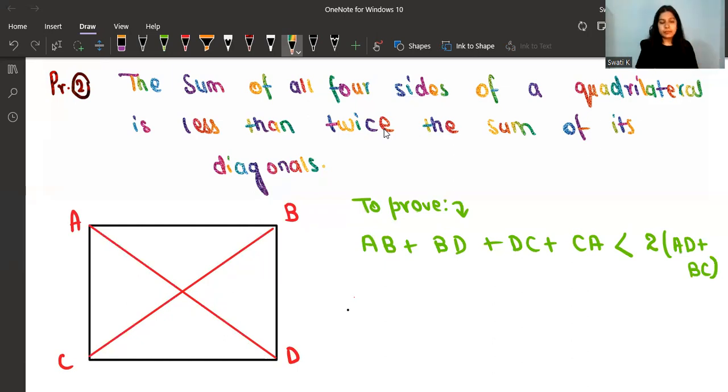Now let's imagine that both the diagonals cut each other at a point O. There is nothing to write down in the given here, but of course, when you're writing this in your exam, please write down that ABCD is a quadrilateral, AD and BC are diagonals, cutting each other at point O. Here I'm just leaving the given part blank. Then let's get started with the proof directly.